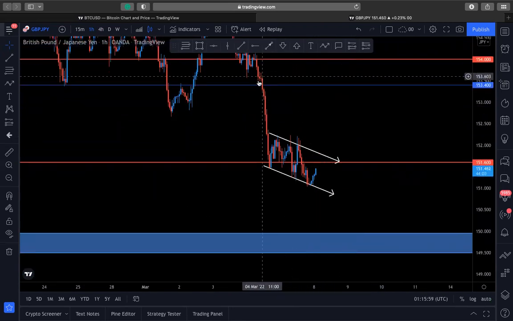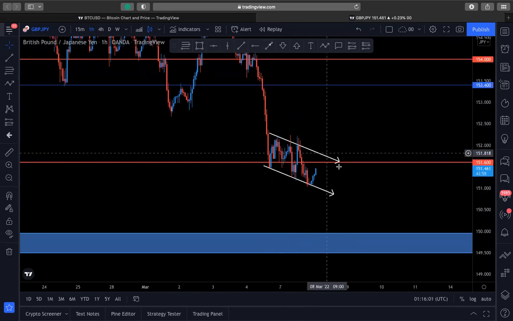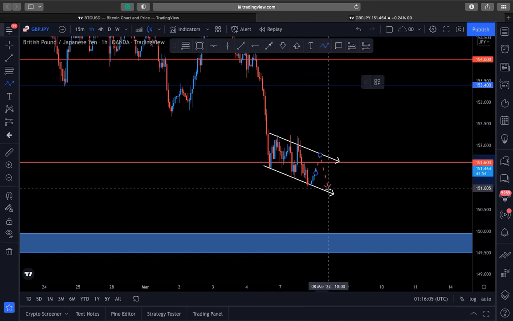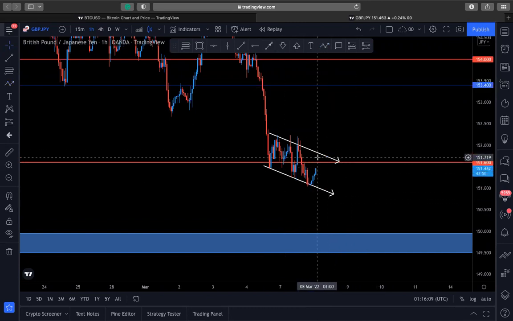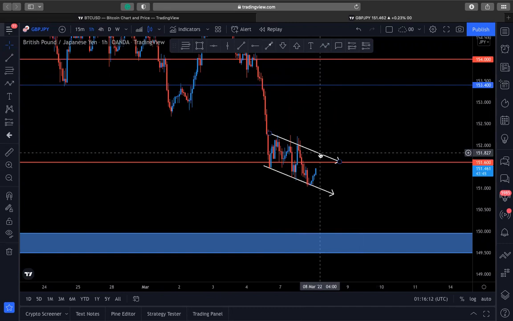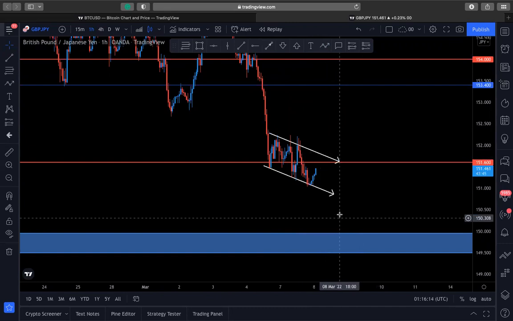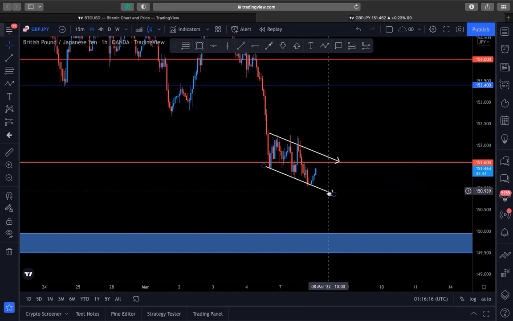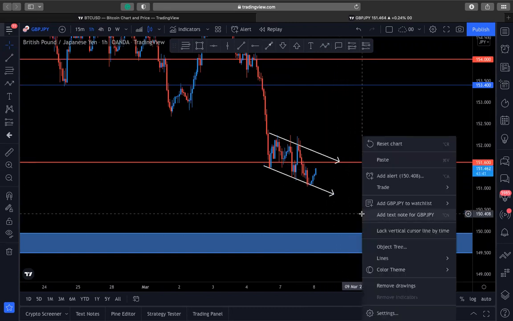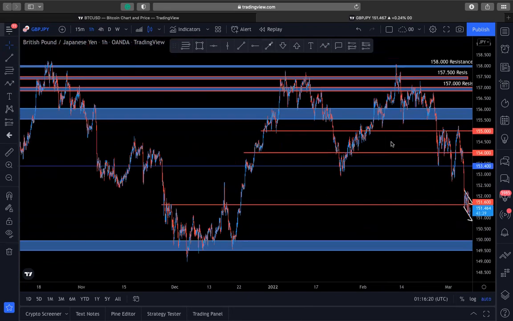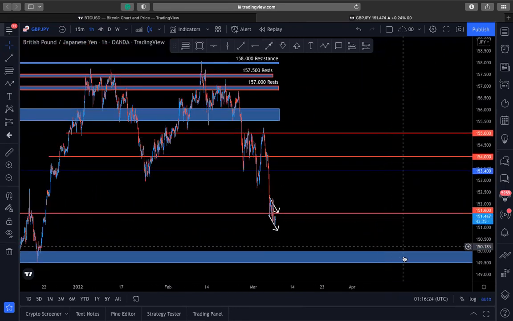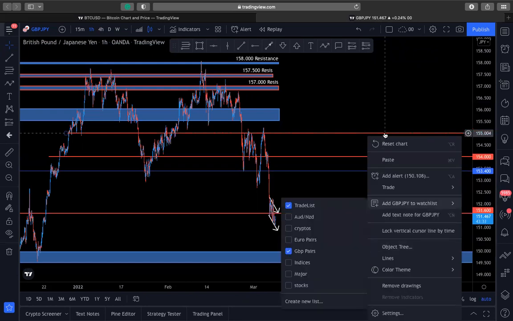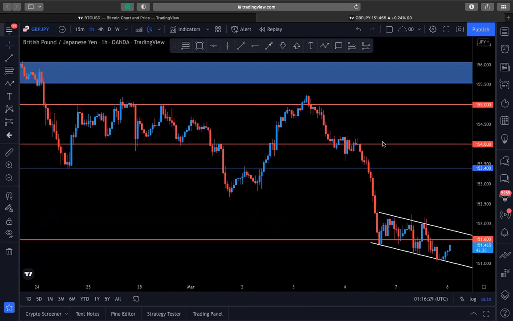We could see price channeling down for a second before we could either see another bounce higher, or we could possibly see price come up to this upper level trend line before rolling back down, either hitting the support or hitting our main area of support at around 150 pretty much.